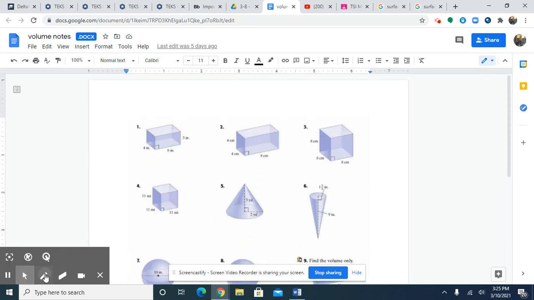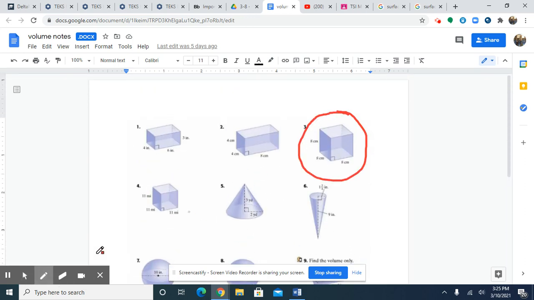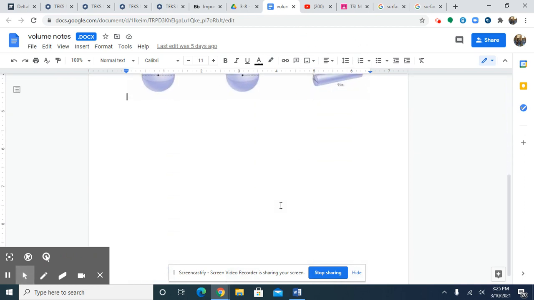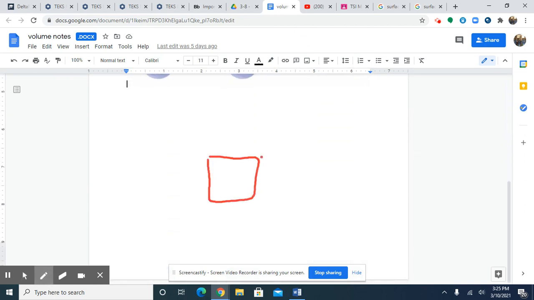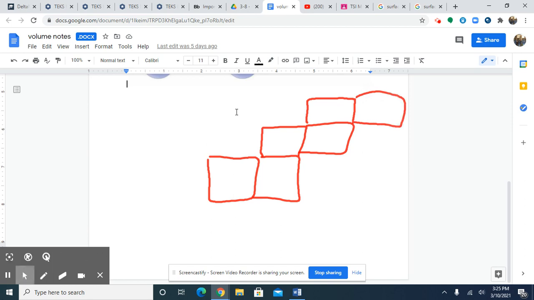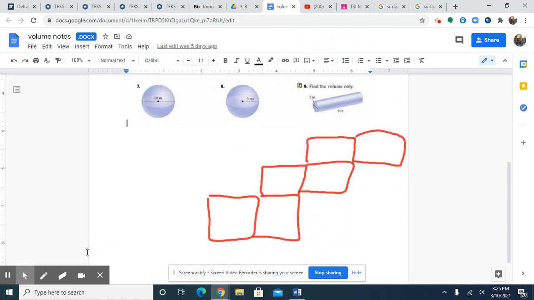Now a cube is very similar, except it's all made up of squares. So if we split up a cube, we would have 6 squares. Now they're made up of sides of 8 and 8.